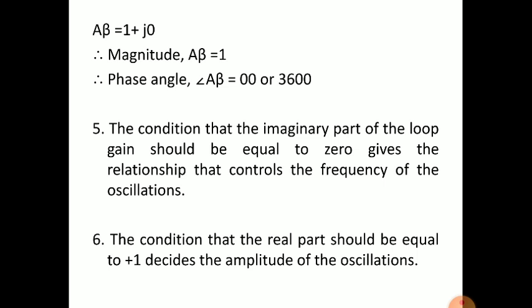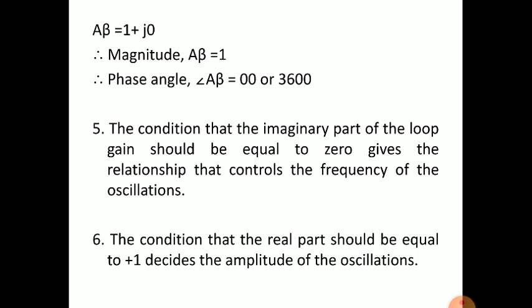So the condition that the imaginary part of the loop gain should be equal to 0 gives the relationship that controls the frequency of oscillation. The condition that the imaginary part, the j0 condition, gives the relationship that controls the frequency of the oscillation.